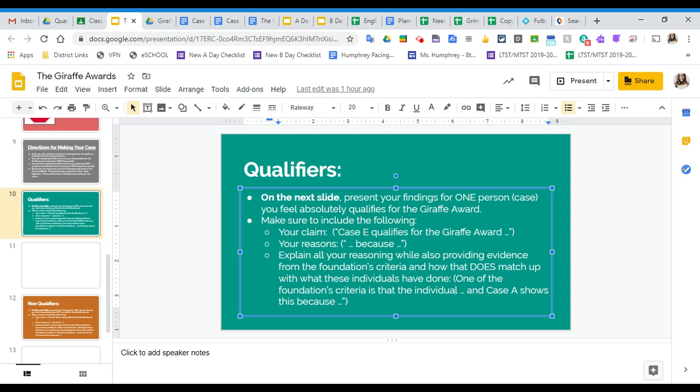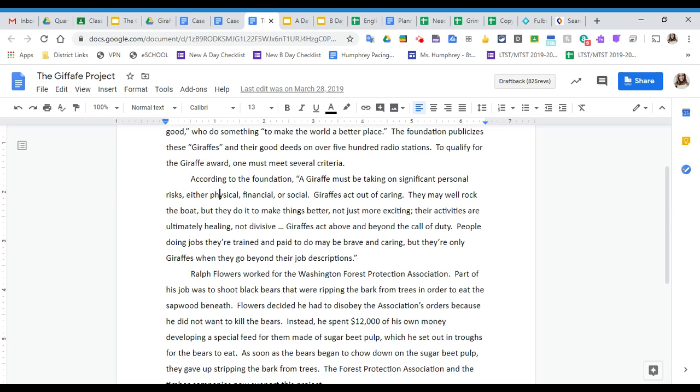You could say one of the foundation's criteria is that the individual, quote, must be taking on significant personal risks, either physical, financial, or social, end quote. You could plug that in.